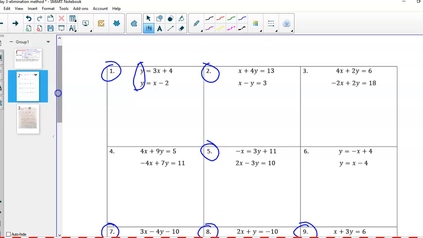We want to get rid of it, not get more of it. So if we subtract this equation, we're really subtracting the entire equation. Since the y's are equal and both positive, we're subtracting. Alright, that makes sense.